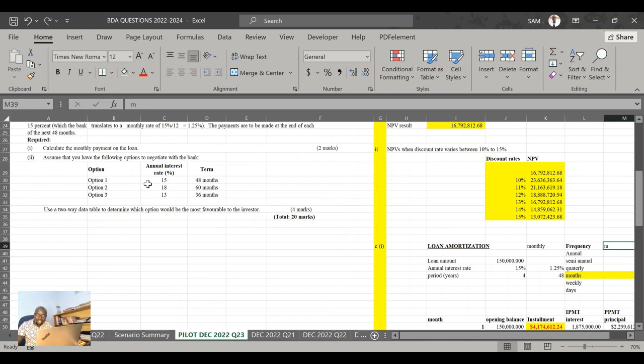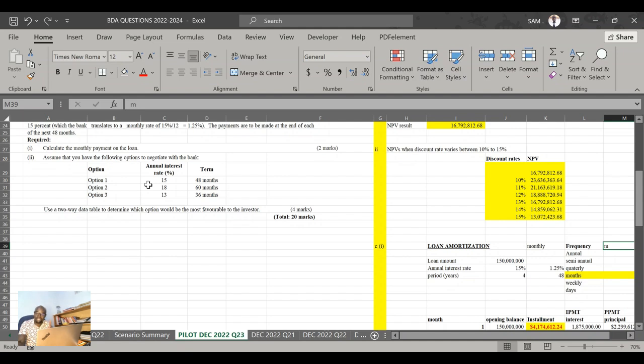The bank is telling you, we can give you the 150 million loan and you repay at a 15% interest rate per annum, within 48 months. We have another option number 2. We can give you this loan at 18% interest rate per annum, and you repay it in 60 months. Option number 3 is to repay the loan in 36 months. But at what interest rate?